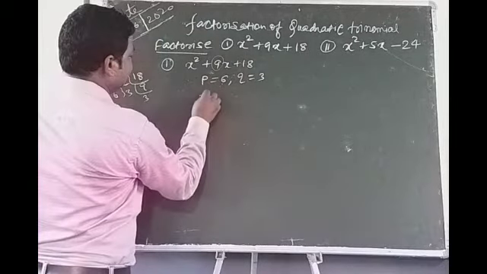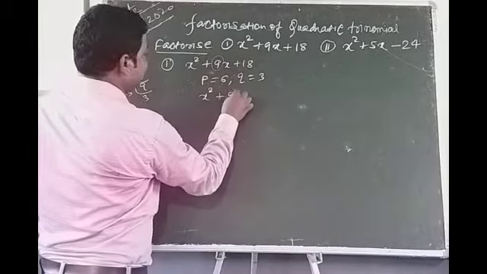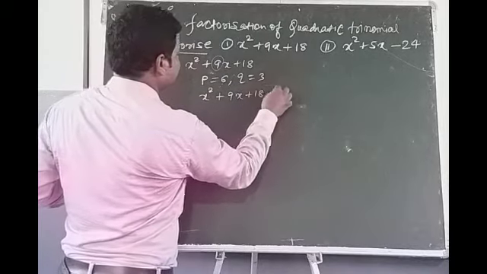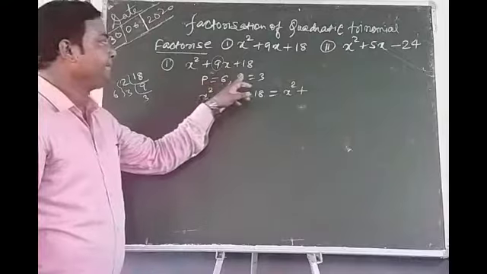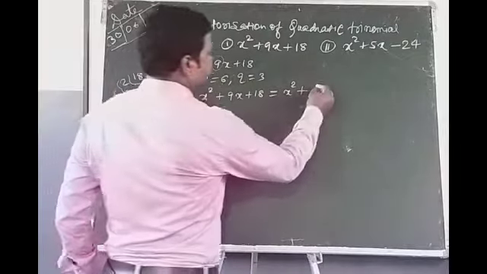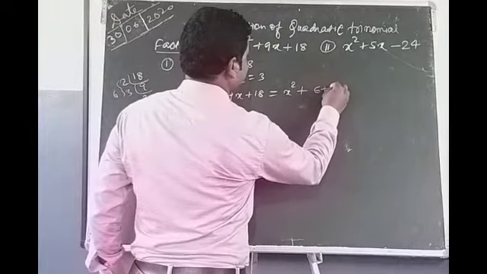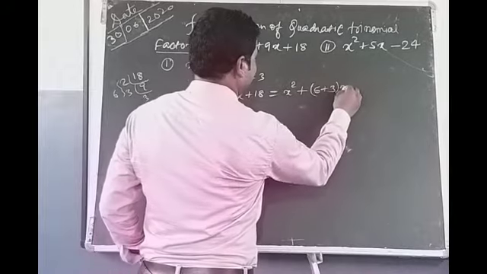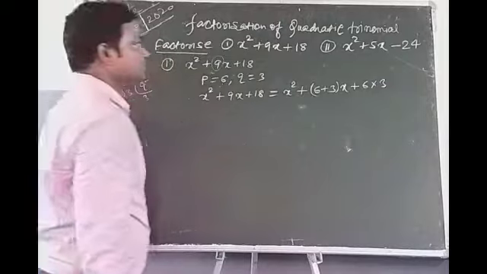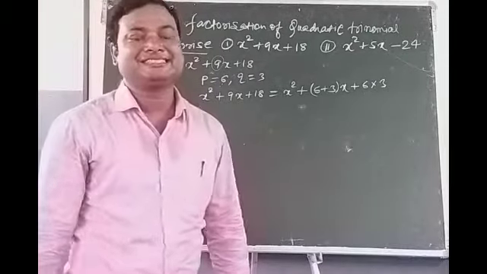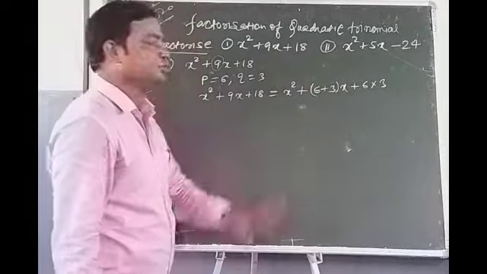So x square plus 9x plus 18 should be written as x square plus (6 plus 3)x plus 6 into 3.